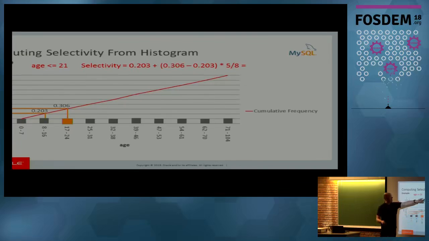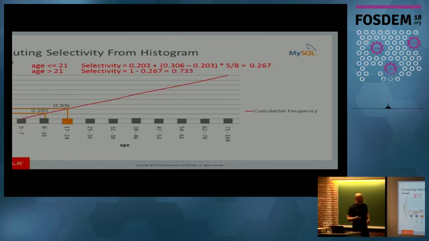So you add that fraction to the selectivity, and you end up with 0.267 as the filtering effect of this condition. And if you want the opposite, you just do 1 minus the previous one, so you get that 73% is older than 21.